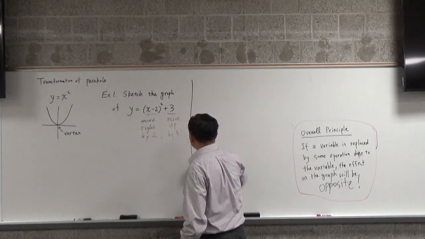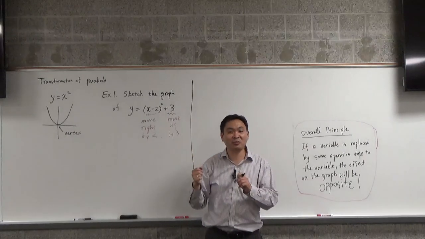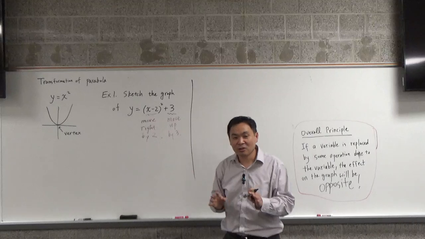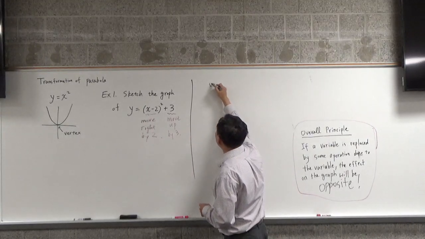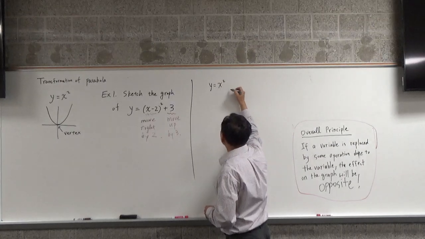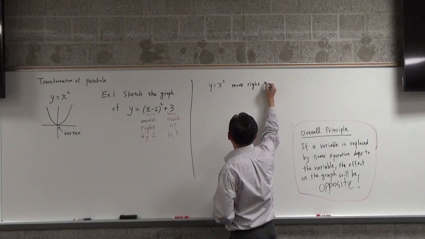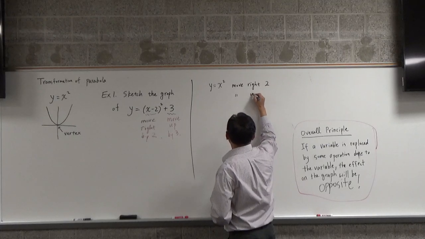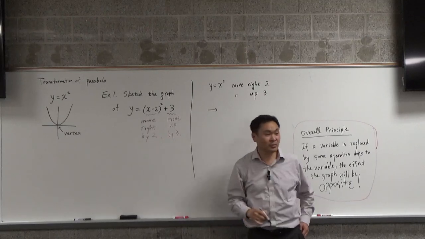In fact, let's change the question, turn it upside down, turn it on its head. So instead of trying to ask that, if you take y equals to x squared and then move right 2 and move up 3, what's the new equation?